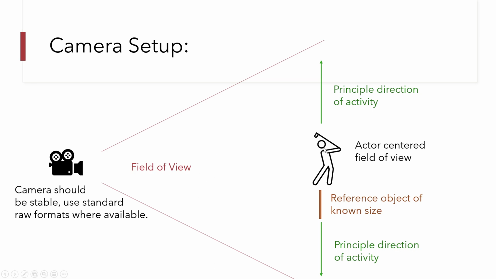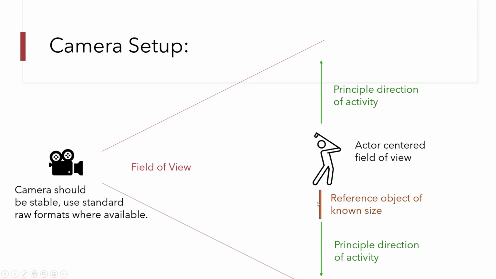As far as your actor or the thing that you're going to be doing, you want to make sure that the person or the thing that you're recording stays in the middle of the field of view, again trying to stay away from those edges. You want to have some kind of reference object that's a known size, which again is perpendicular to the direction of the camera.